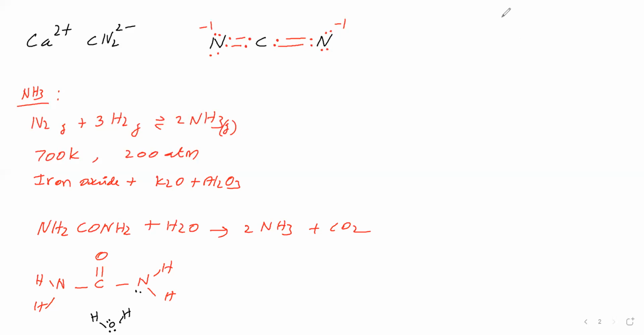Now this nitrogen lone pair is attacking this hydrogen. This bond is shifting. Therefore, it becomes OH minus. So we are getting this NH2, this CO, and here NH3 plus. Why NH3 plus? Because nitrogen is contributing a lone pair to this hydrogen. Then this oxygen contributes a lone pair to this carbon, and this bond is shifting like this.